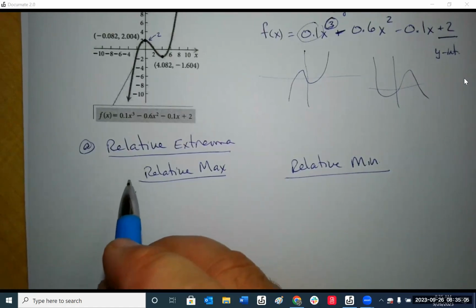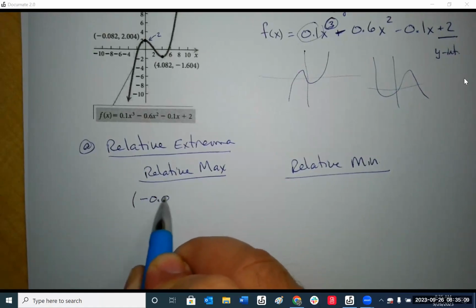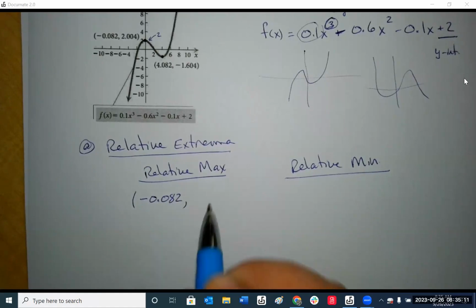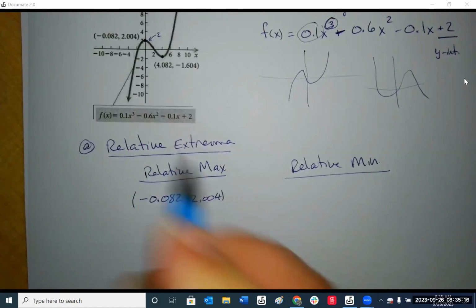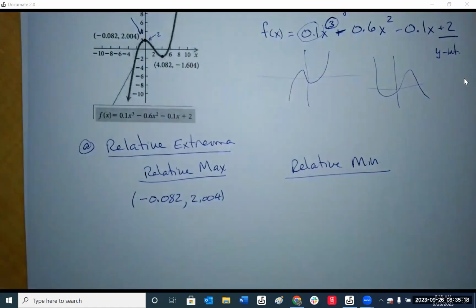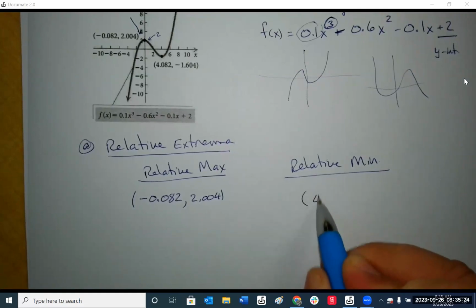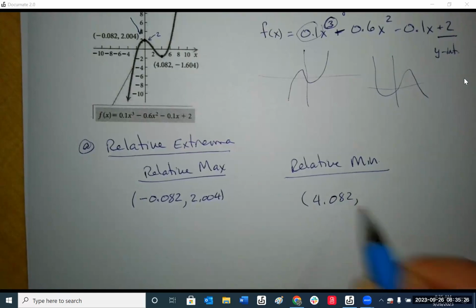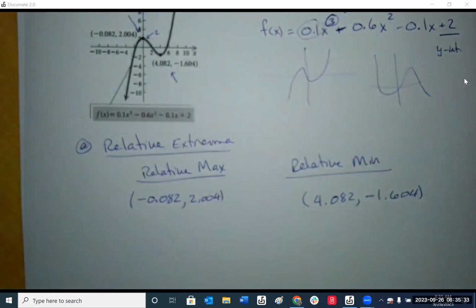What's the point? What's the location? Negative 0.082, comma 2.004. Right. That is our relative maxima. What's our relative minima? 4.082, comma negative 1.604. Very good.